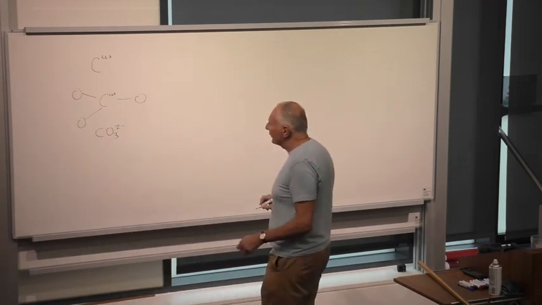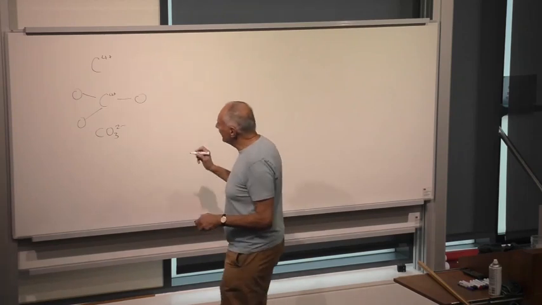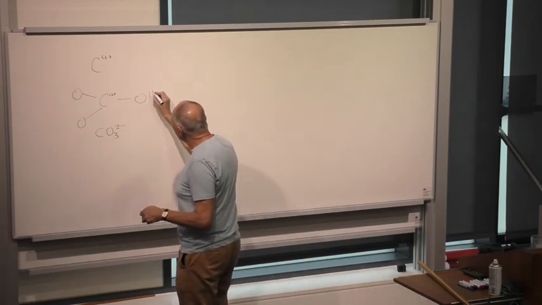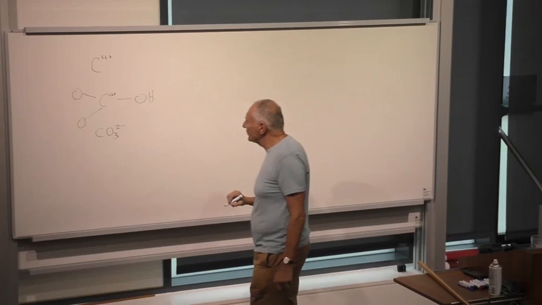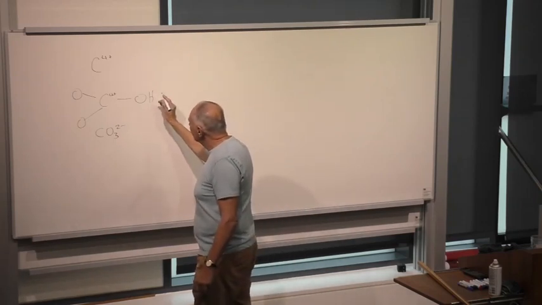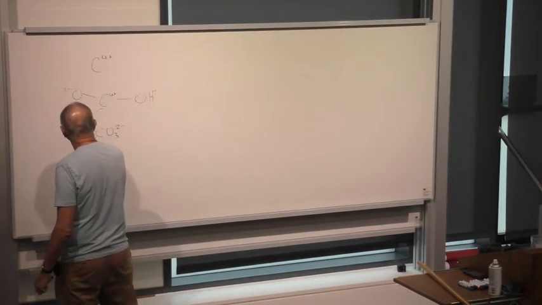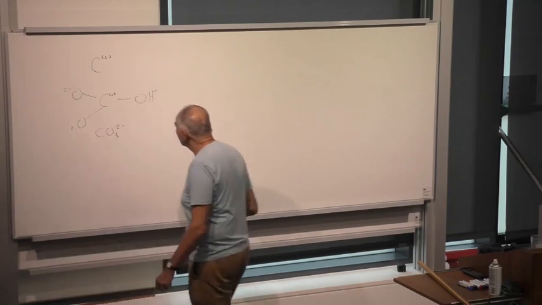Okay, but of course this charge likes to attract hydrogens, so we can neutralize one of the charges like that. So that would be a net 1 minus, that would be net 2 minus, and that would be net 2 minus.